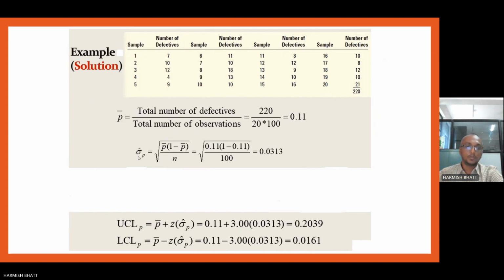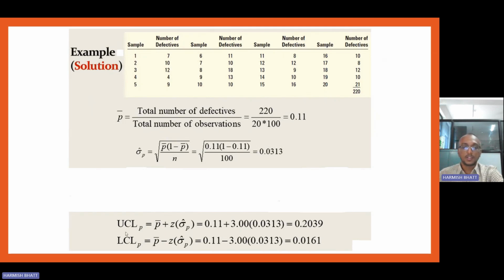Now we need to find sigma p, which is equal to the square root of p bar into 1 minus p bar divided by n. If you put all the values in, you will find 0.0313 as sigma p. After finding p bar and sigma p, we put these values in the equations of UCL and LCL.